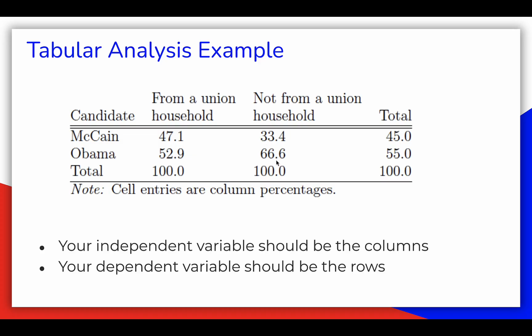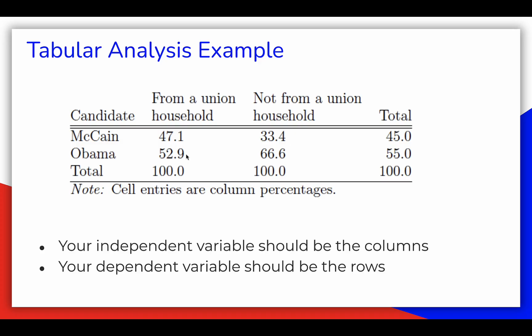This just sort of tells us that yes, there is a slight preference from a union household to vote for Obama, but it's actually quite high anyways. If you look at the average, it's about 55%. So it's not necessarily clear here that being from a union household really contributes that much to vote choice, right?